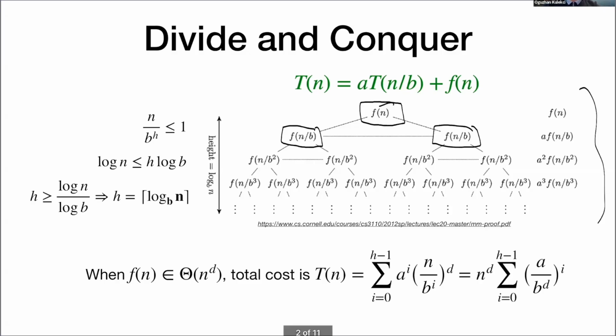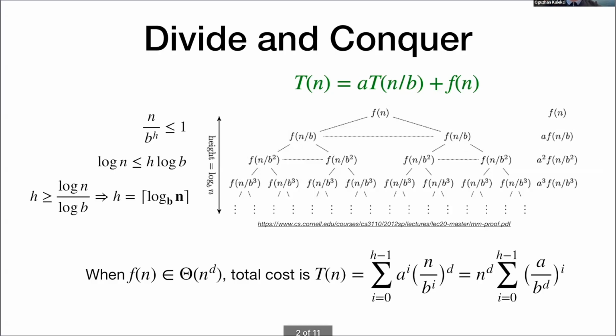In the second level, how many children do I have? I have a children, and all of these, once the subproblems are solved, will require f(n divided by b) amount of work.